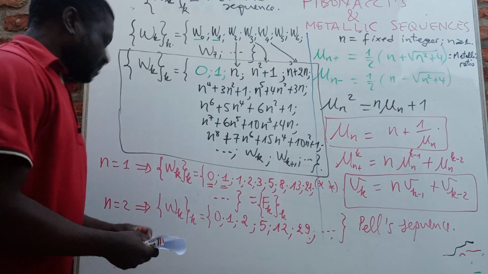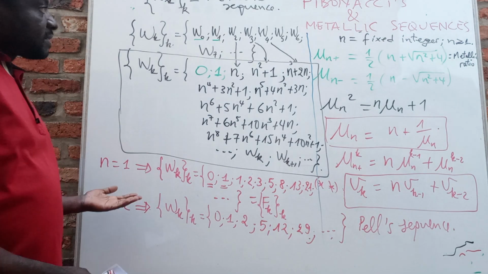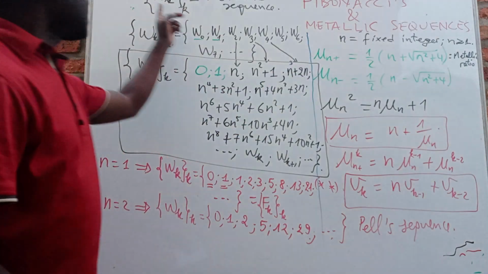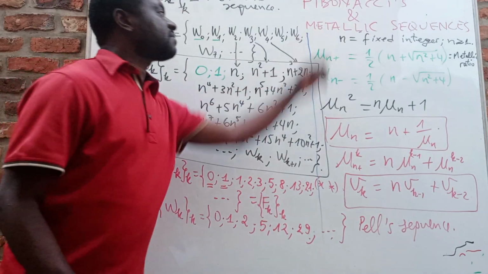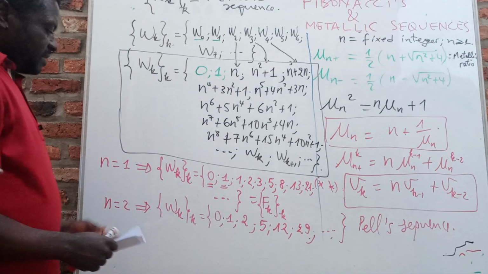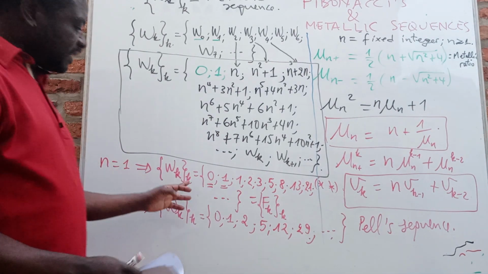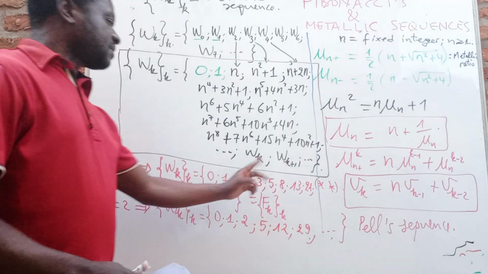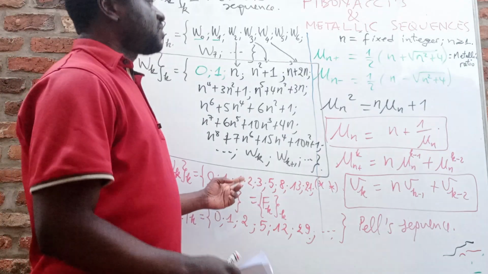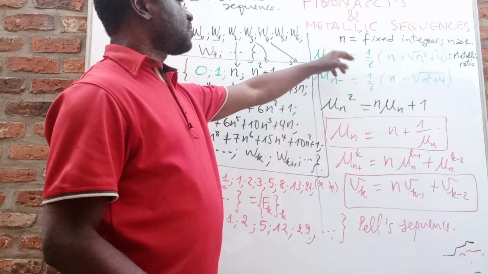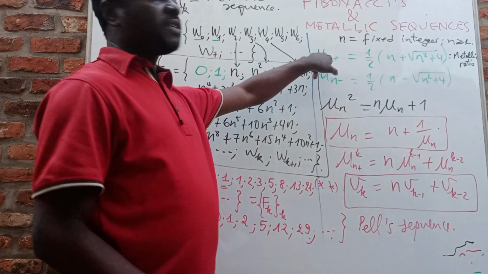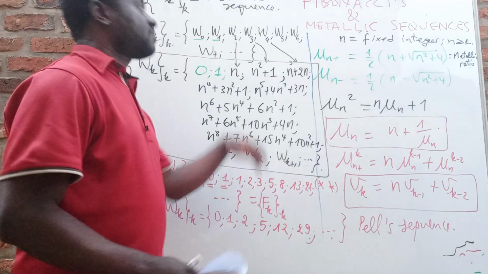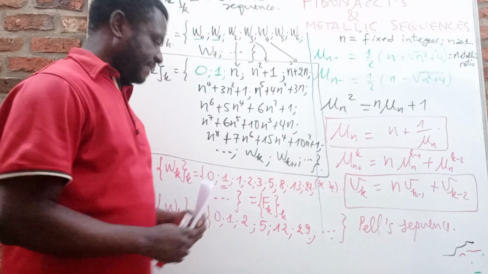Okay, so with these two examples, we have a reason to call this sequence WK the metallic sequence. Why? Because for higher indexing of k, we can take the ratio of two consecutive terms, and that ratio converges to the corresponding metallic ratio. That is the reason why we call it metallic sequence.